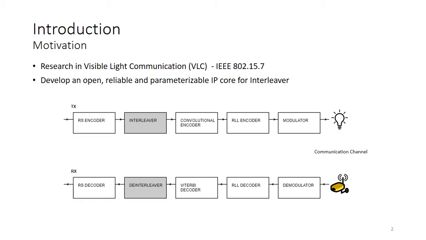We couldn't find any available open source implementation that fits our project. Then we decided to implement an open, reliable, and parameterizable IP core for an interleaver, compliant with the VLC standard, but also applicable to other contexts due to its flexibility.